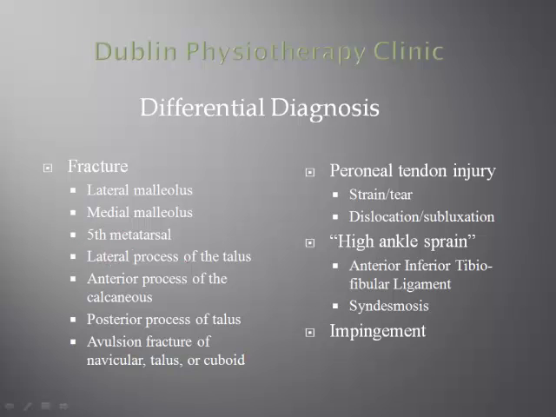These other groupings, the talus, which is the bone which forms the ankle joint, and the calcaneus, which is the heel bone, they can also be subject to injury. So a group of clinical tests have been devised to help to try to screen out for those, because they need to be recognised.